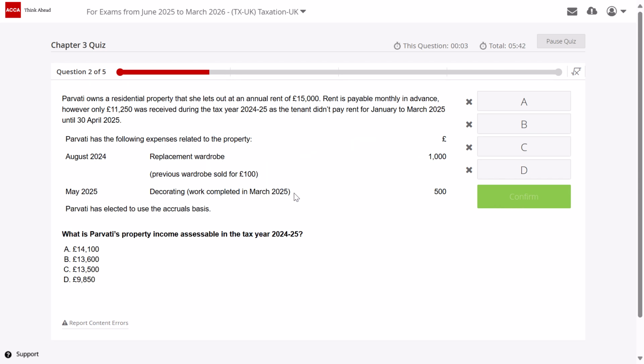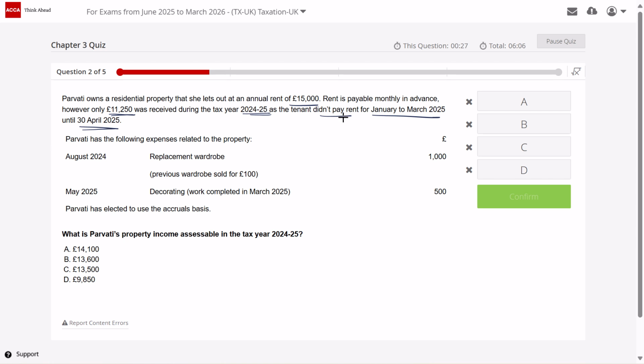Moving ahead. Question 2. Parvati. Parvati owns a residential property that she lets out at an annual rent of £15,000. Rent is payable monthly in advance. However, only 11,250 was received during the tax year 24-25, as the tenant didn't pay rent for Jan to March 2025 until 30th April 2025.